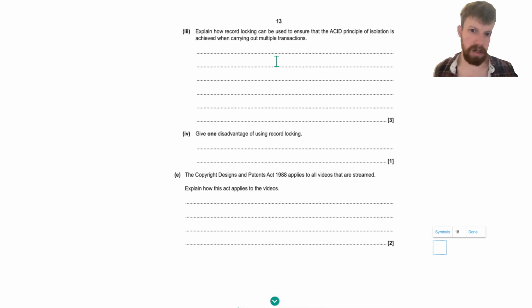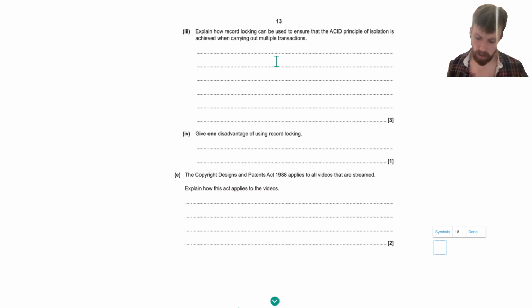Explain how record locking can be used to ensure that the ACID principle of isolation is achieved when carrying out multiple transactions. It's all to do with the idea of isolation, that every transaction can be carried out sequentially.